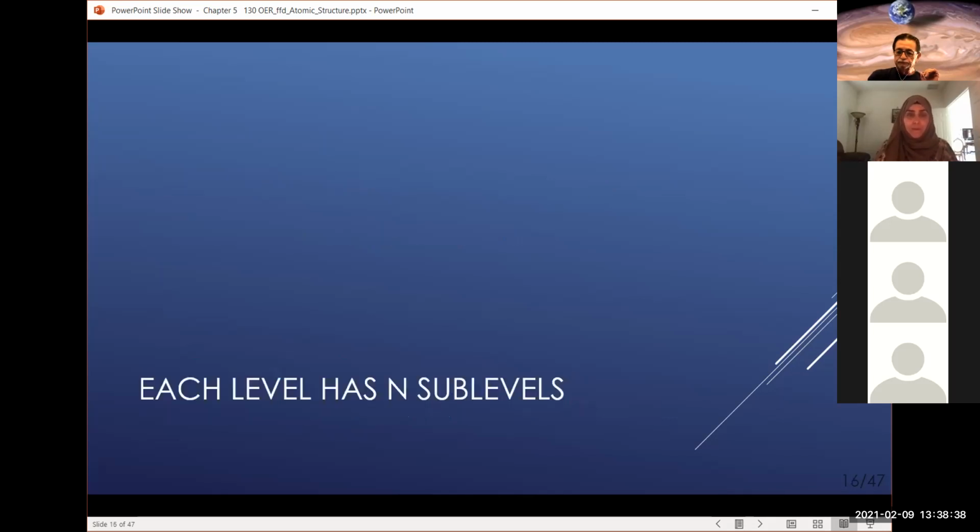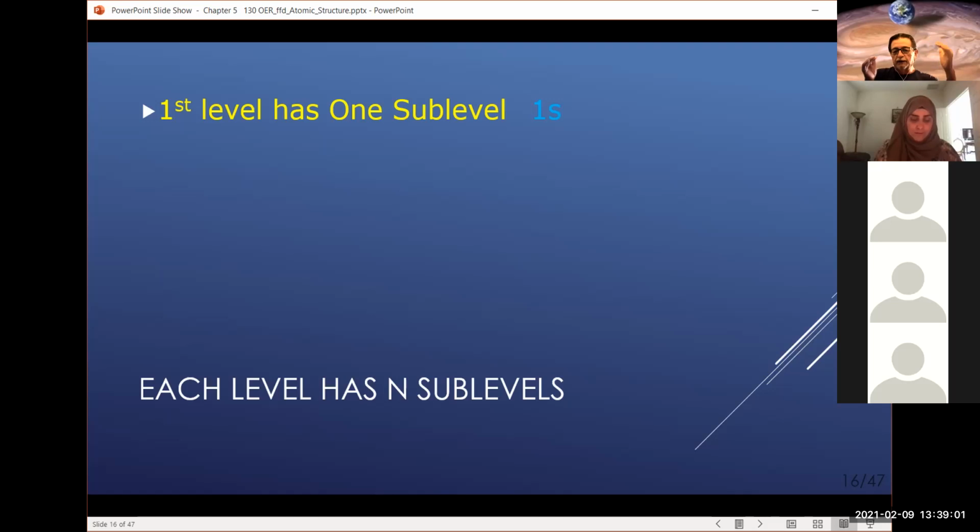Okay. Now, there are limits within the orbits. So everybody in the first energy level, there's only one sub-level, and that's period 1. So I wish I had the periodic table here. I can show simultaneously, but you may have it there with you.